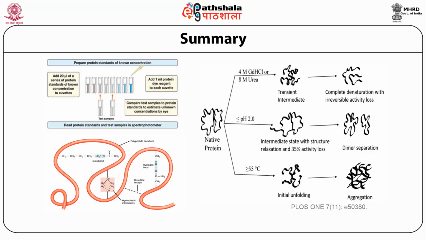There are many reagents used for the denaturation of protein, like guanidinium hydrochloride and urea. You can see here the native state is converted into the denatured state by urea and guanidinium hydrochloride, at extremes of pH, and by increasing the temperature, which causes aggregation of the protein.